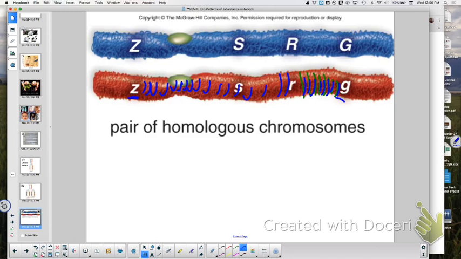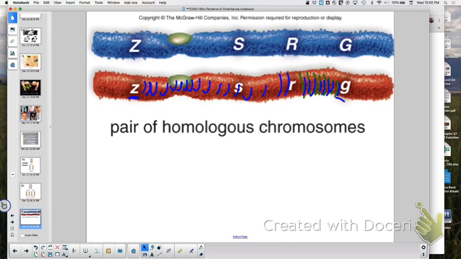You see that? And so you are more likely to break up the Z-G linkage than the R-G linkage because you have more opportunities to break it up. And that is how they can map out genes. If a lot of crossing over events occur, you're probably far away on the chromosome. If not so many, you're probably close.